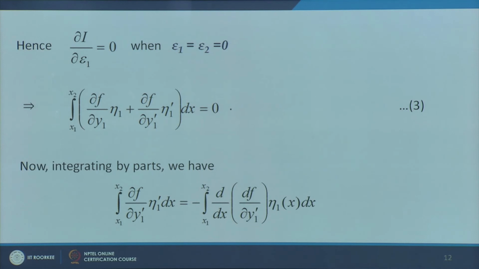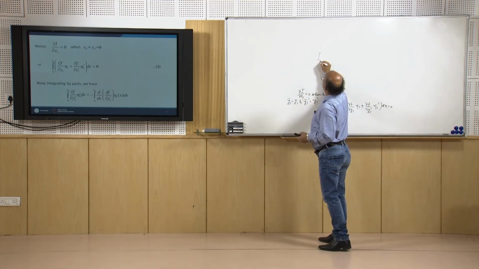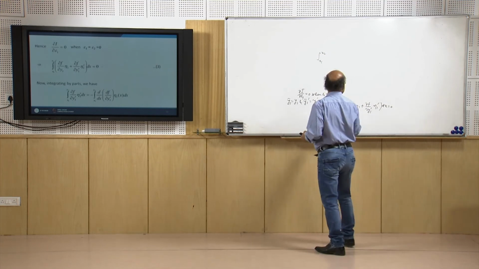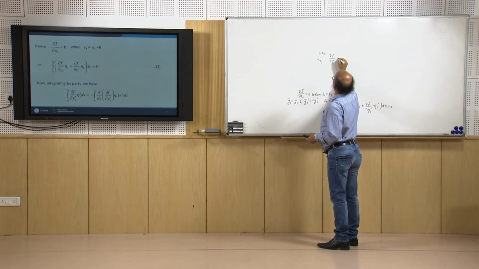Now let us integrate by parts the second term on the left hand side. So let us see, integral x1 to x2 of delta f over delta y1 dash eta 1 dash dx.